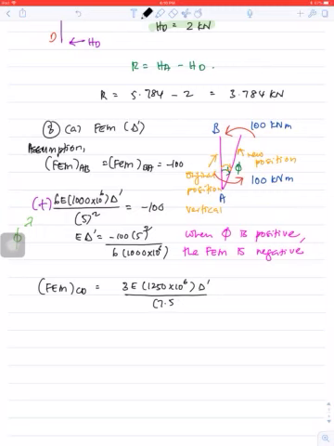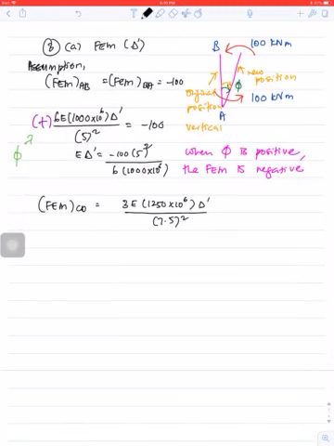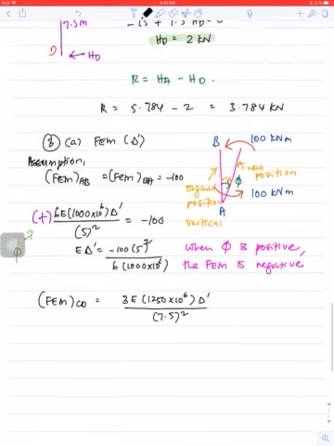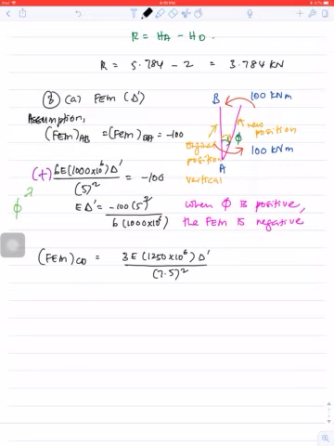Before solving, we have to check the chord rotation. CD has the same chord rotation, the same angle.